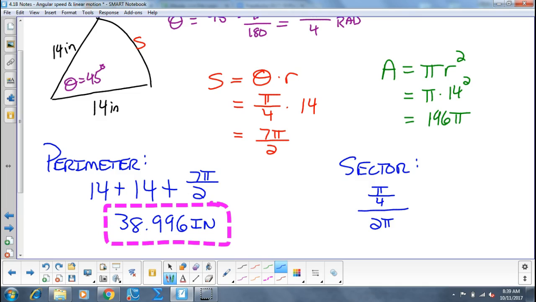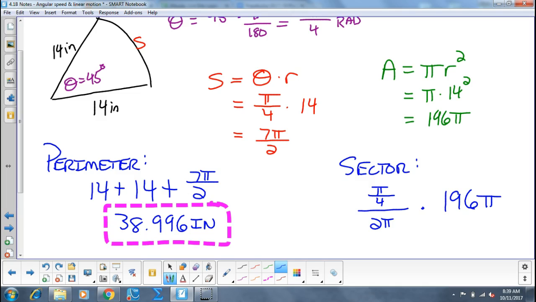Okay? Times, then, the area of the whole circle. So pi over 4 divided by 2 pi should be what? If it's a 45 degree chunk, what fraction should that be?